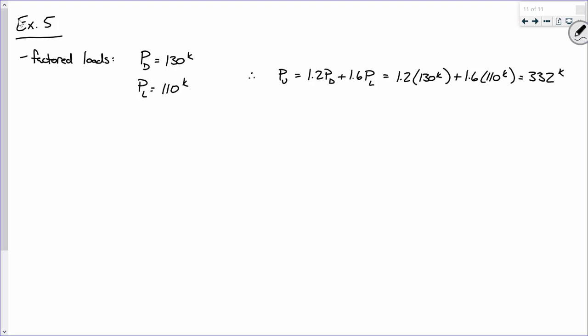Are there any other load combos that maybe we ought to look at? Now let's be clear. All we have is a dead load and a live load. So for instance, we probably don't need to look at load combo 3 because if all you've got is a dead load and a live load, that would be 1.2 dead plus 0.5 times the live. That's certainly not going to be less than this one because this is 1.2 dead plus 1.6 live. Were you able to find it?